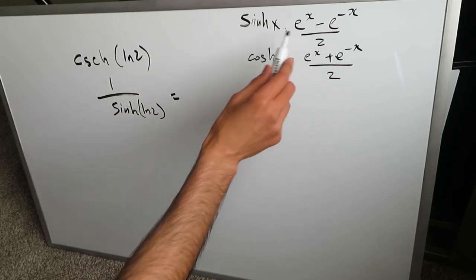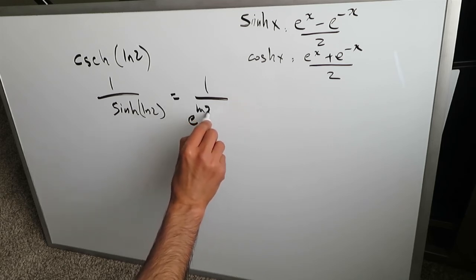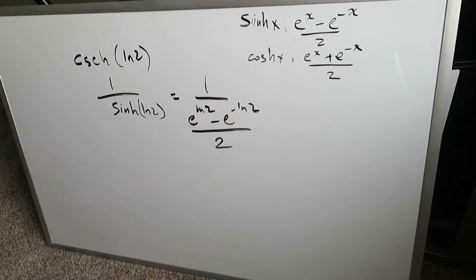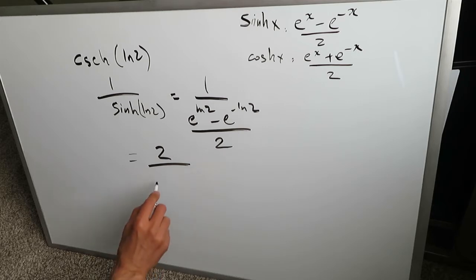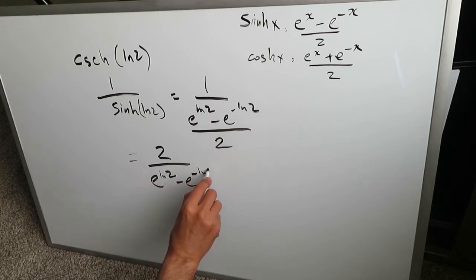You're going to put everything into this formula, with 1 over (e^(ln 2) - e^(-ln 2))/2. Flip everything around. What do you get? You get 2 over (e^(ln 2) - e^(-ln 2)).